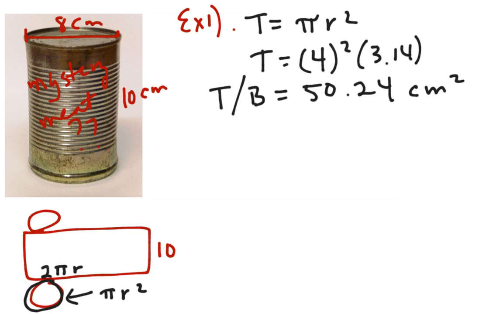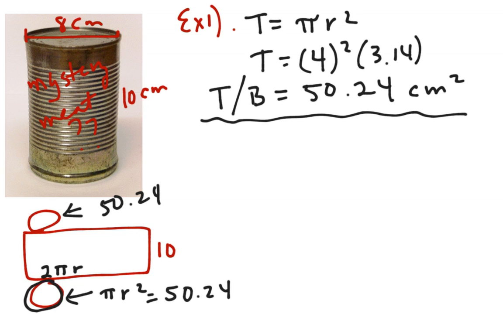Both my top and my bottom are 50.24 centimeters squared. That's the area of each of them. I have to double that, so I have to keep track of both the top and the bottom.